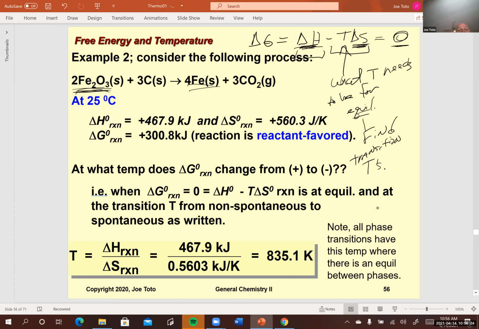Is it going to go from left to right naturally, or from right to left? What do you think? Right to left. That's correct, right? Because that's what we see in nature. Iron rusts naturally. So you're expecting, when you calculate delta G for this reaction, what are you expecting the sign to be?